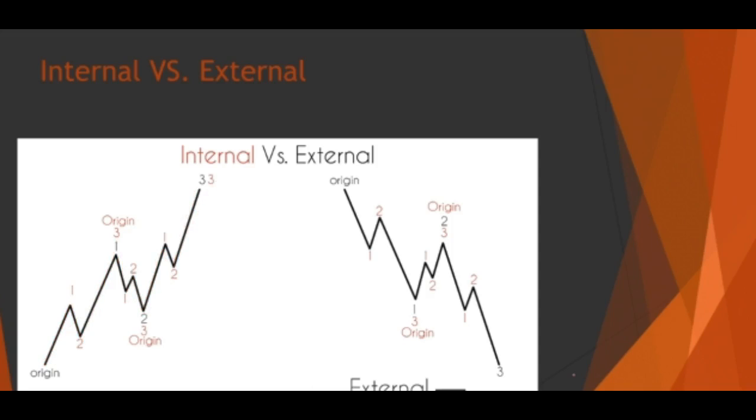And as far as talking about it and doing it, it's probably going to be more difficult for you guys to even find internals rather than externals. But there's a couple reasons to know where they're at. Number 1 is targeting. Number 2 is entry. Number 3 is stop. It's basically all to do with your trading plan. And so you want to make sure that you know what you're looking at. Are you dealing with an internal or are you dealing with an external?